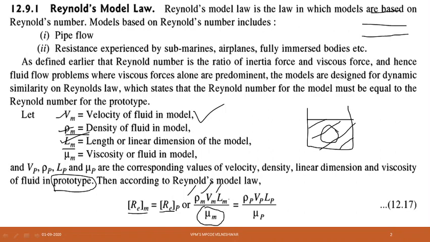Similarly, Re p is rho p, Vp, Lp divided by mu p. This is for the model and this is for the prototype.